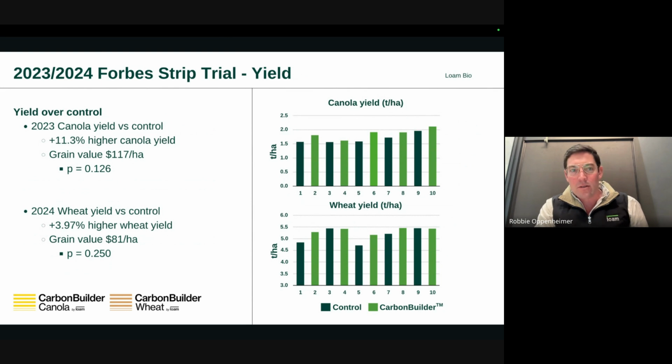At this location, 2023, there was an 11% higher canola yield. In 2024, almost 4% higher wheat yield, not statistically significant in either of those.